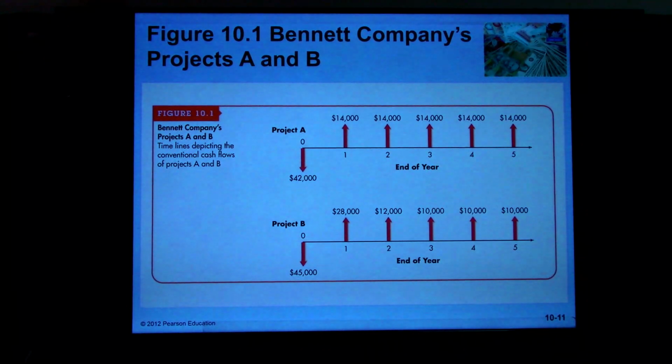At time 0, which is today, we have a cash outflow of 42,000 as initial investment, and every year from year 1 to year 5 we have cash inflows. The same situation applies for project B. Our initial investment is minus 45,000, and at the end of each year we have a specific cash inflow.